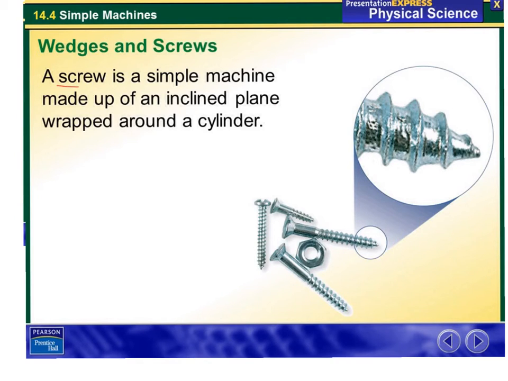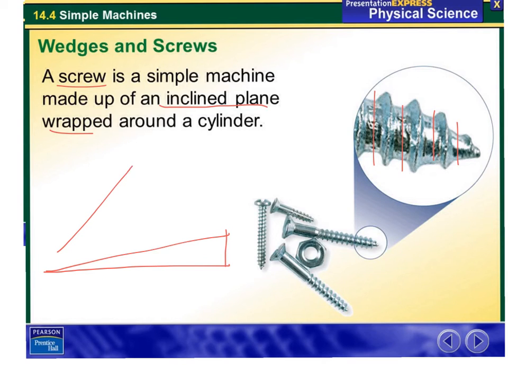Lastly, a screw is actually an inclined plane wrapped around a cylinder. What that means is the same thing, that the closer that these threads are, the more mechanical advantage there will be. Just as if I have an inclined plane that looks like this, it will have a greater mechanical advantage than an inclined plane that looks like this.